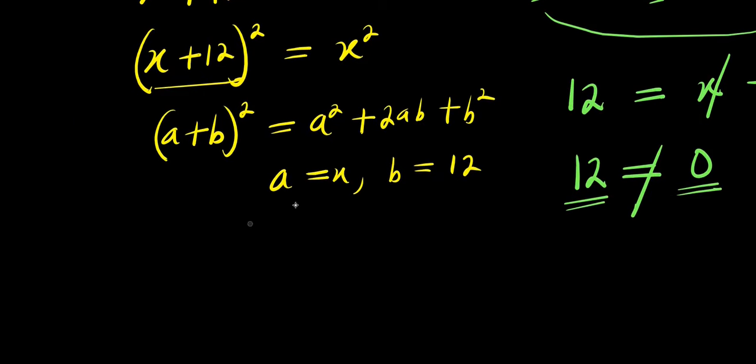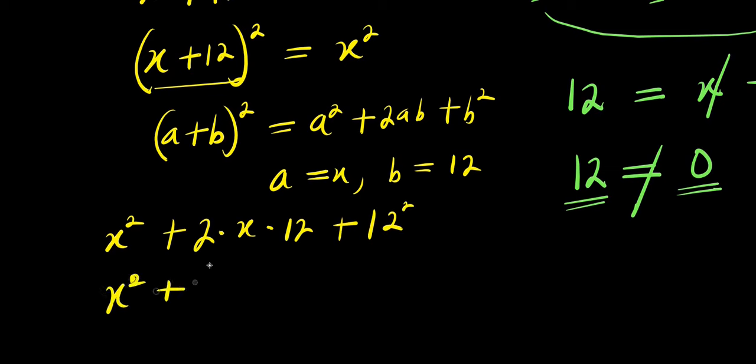So from here, I can simply have x squared plus 2 times x times 12 plus 12 squared. So I have x squared plus 2 times x times 12, this is 24x, plus 12 raised to the power of 2, this is 144.